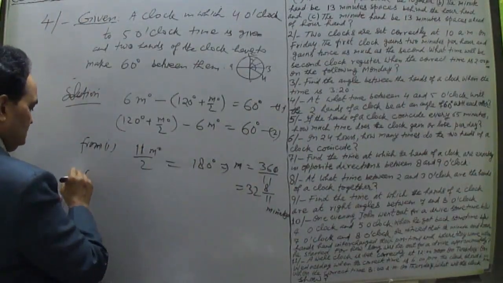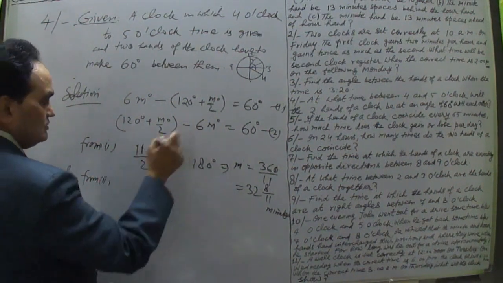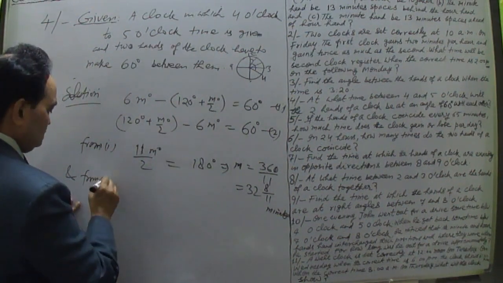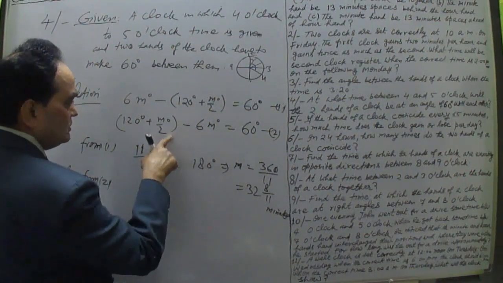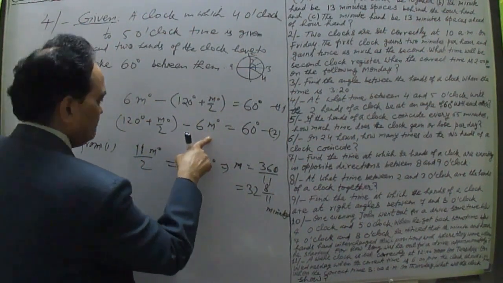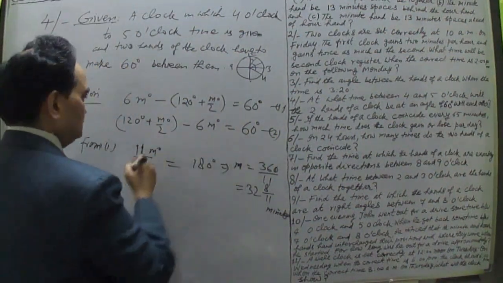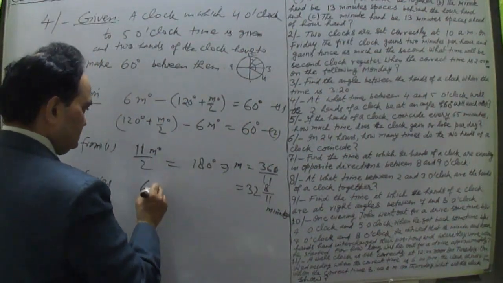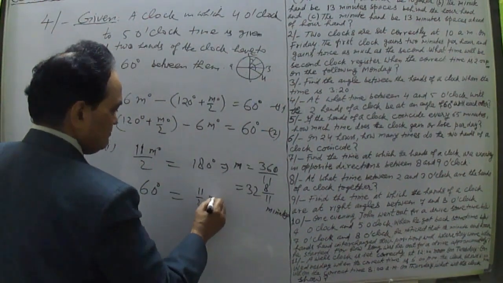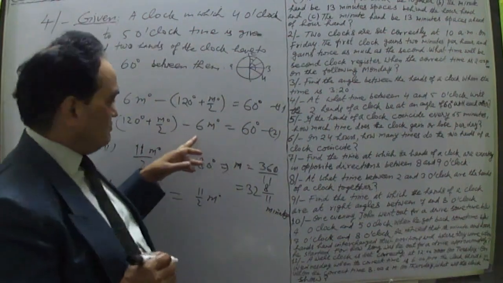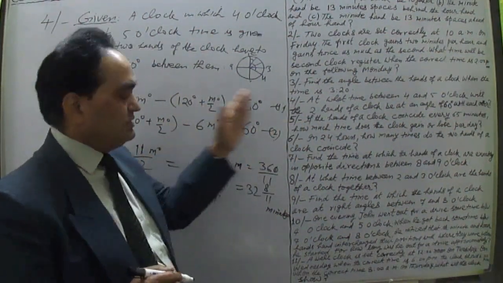And from the second equation, solving equation number 2, we get m by 2 minus 6m, or take 6m to this side and 60 to this side. It will be 60 degrees here, and there will be 11 by 2m. The same value: 6m taken to this side is positive 6m, and m by 2 will be negative.